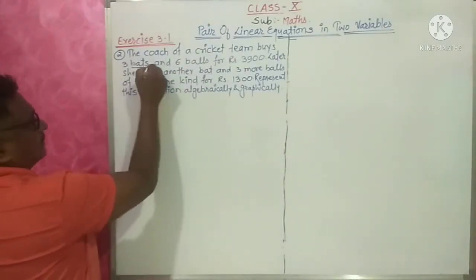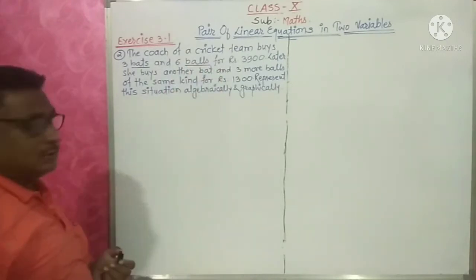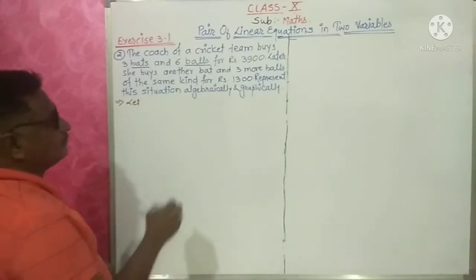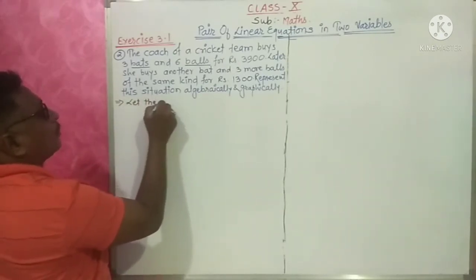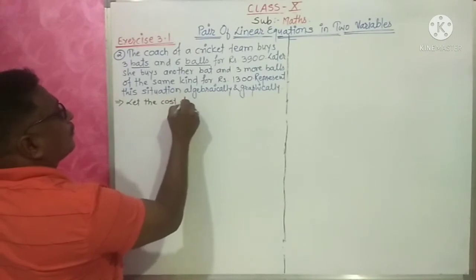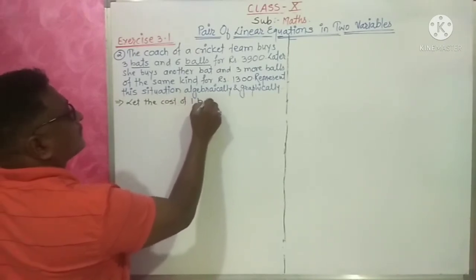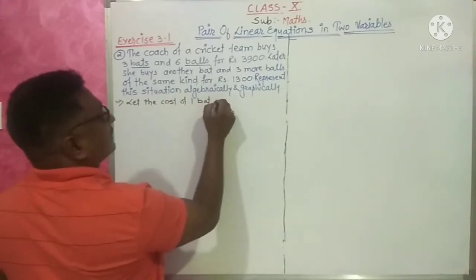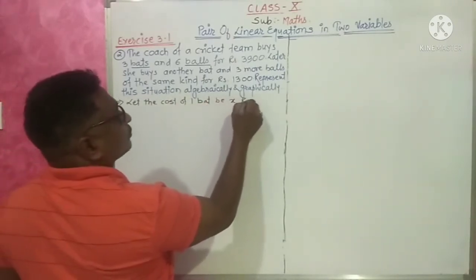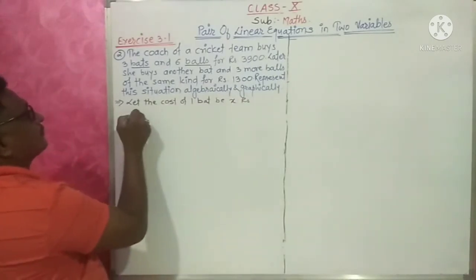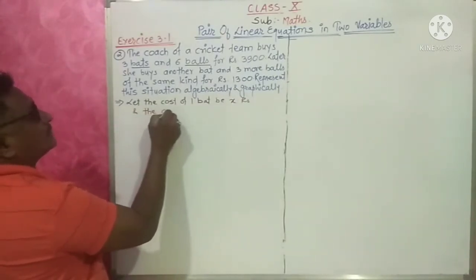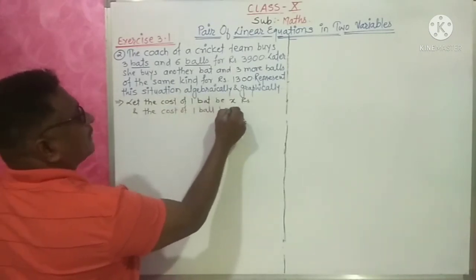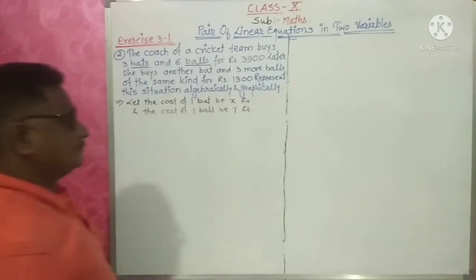So let the cost of 1 bat be x rupees, and the cost of 1 ball be y rupees.